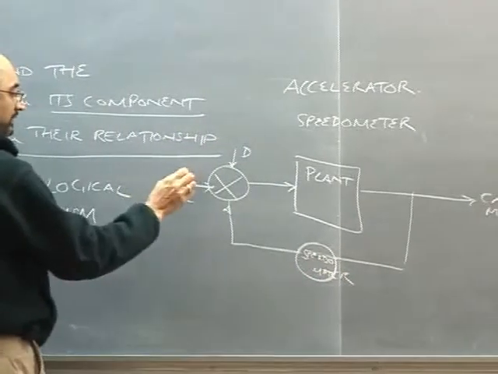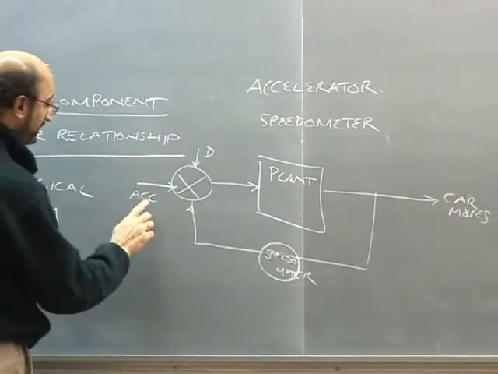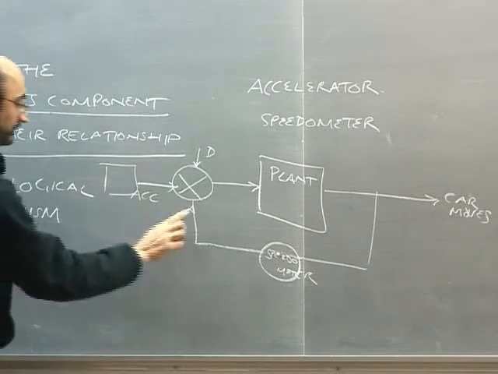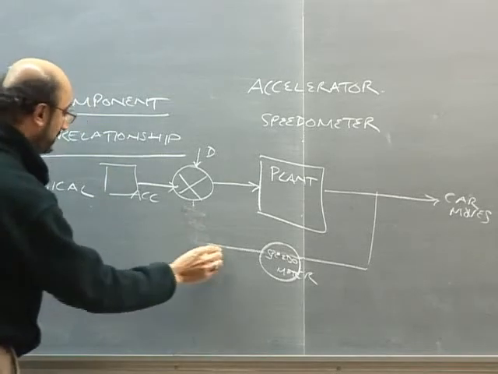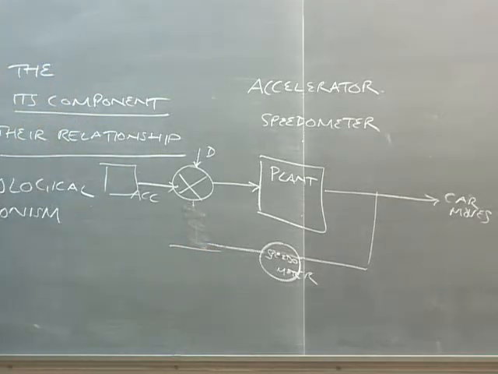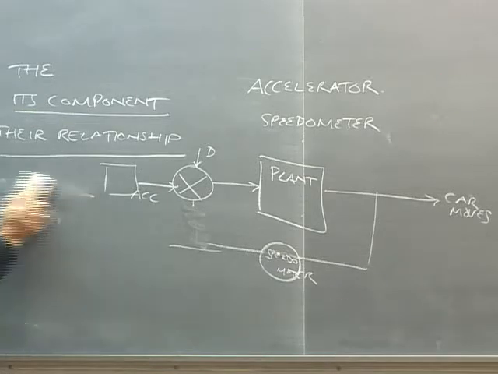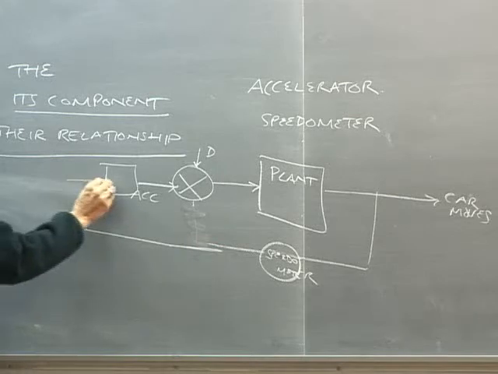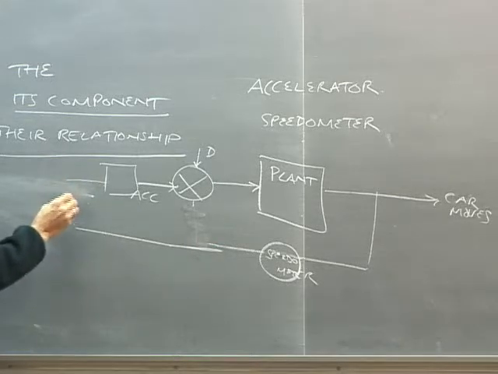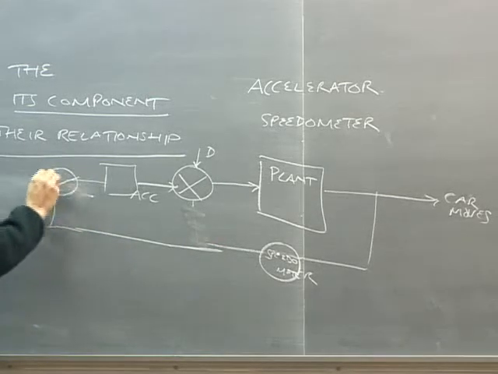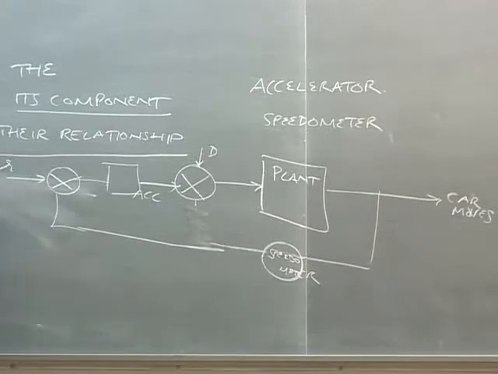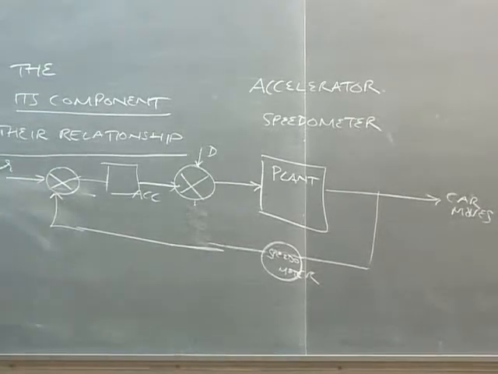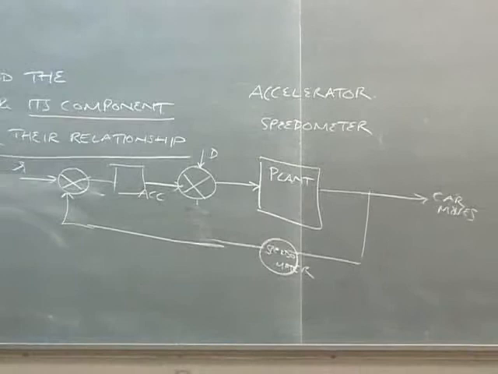And I have some reference setting. I have the accelerator setting. I guess this also illustrates the difference with a reference set point. The reference set point is the reference speed, and the speedometer tells me what the actual speed is.